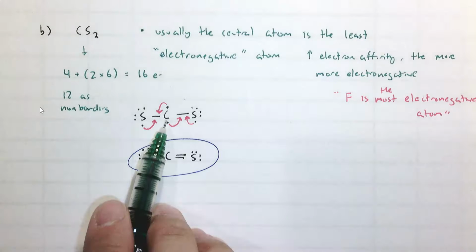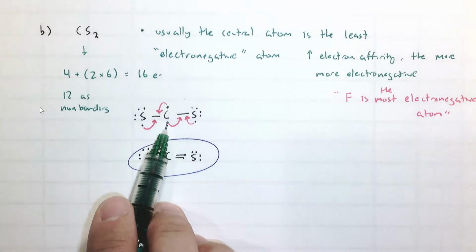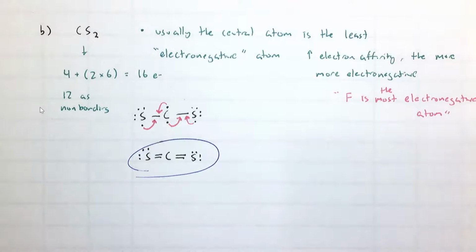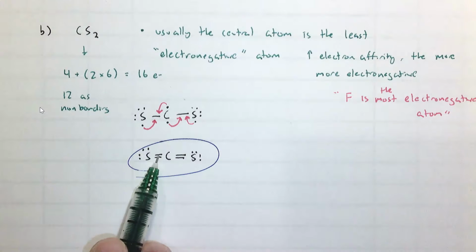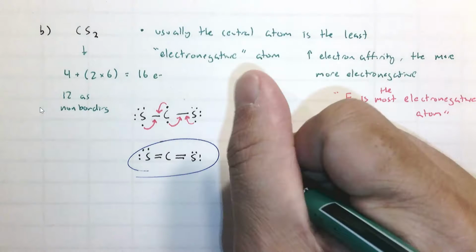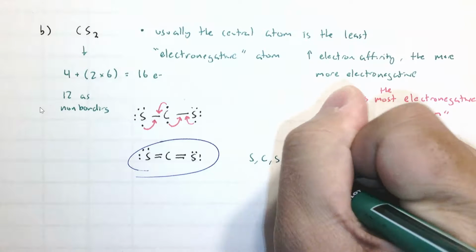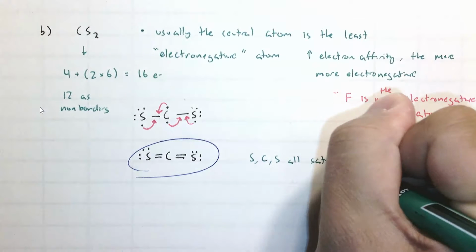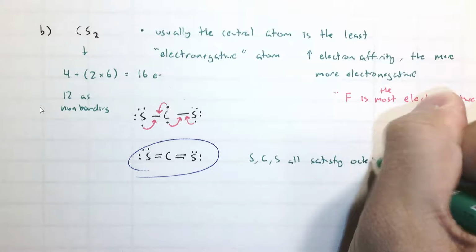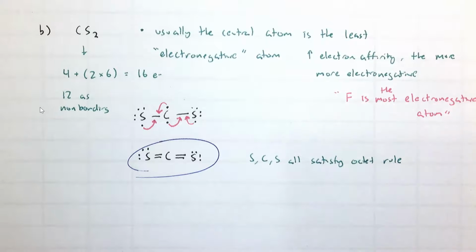Carbon now, see, it went from 1, 2, 3, 4, 5, 6 electrons for the octet rule to the proper 1, 2, 3, 4, 5, 6, 7, 8. S, C, and S all satisfy the octet rule. Do you see how important the octet rule is?